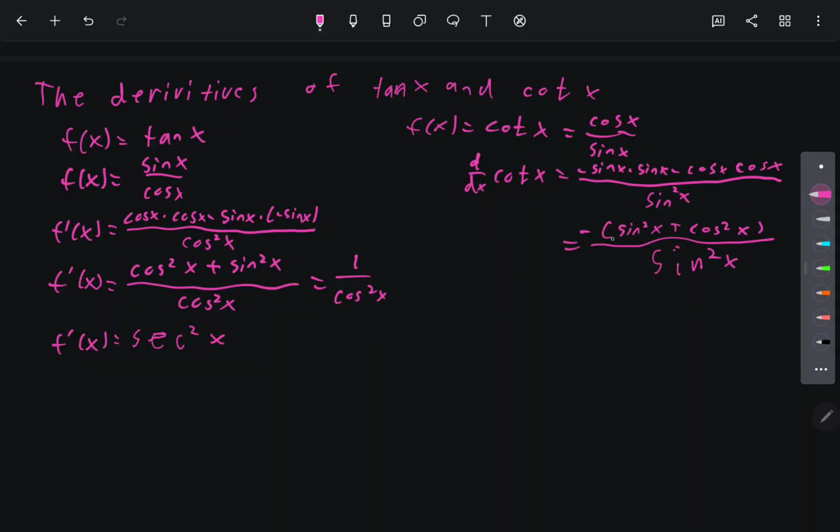Well, this, once again, same trig identity, so this is just 1. So we have a negative 1 over sine squared, which another word for that is just negative cosecant of x squared. And there we go. So we now know the derivative of cotangent. All right.